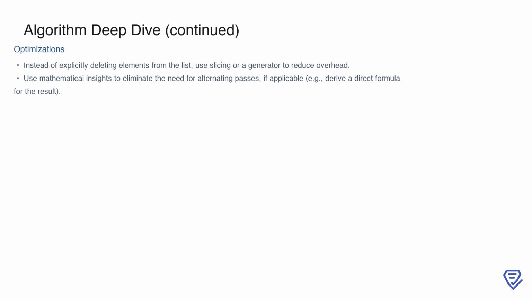For example, by analyzing the pattern of eliminations, it may be possible to derive a direct formula for the result. Such optimizations not only improve the algorithm's efficiency but also reduce its complexity, making it more suitable for large input sizes. Exploring these alternatives can lead to a more elegant and scalable solution for the problem.